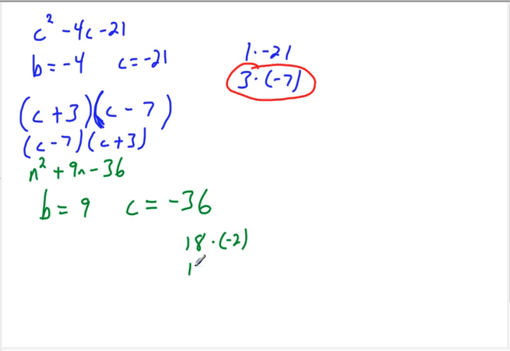How about 12 and -3? That works. Okay, so we have an n plus 12 and an n minus 3. So n squared, negative 36, 12n, negative 3n, so that's 9n.